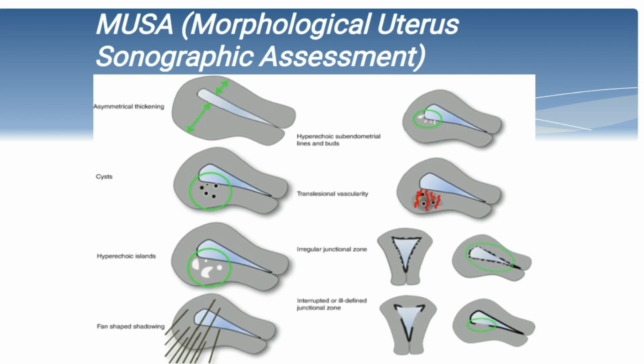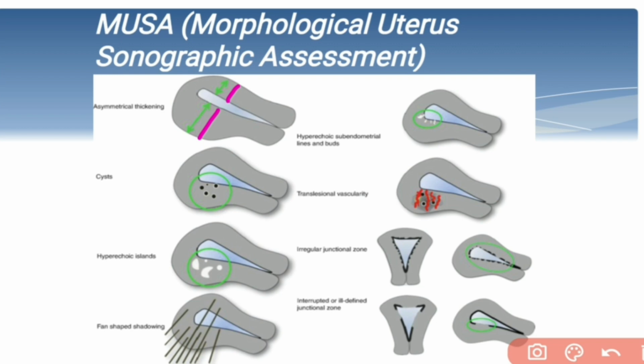First of all, there is asymmetrical thickening of the myometrium. This is the anterior part of the myometrium. This is the posterior part of the myometrium. In case of adenomyosis, a globular shape of the uterus occurs.